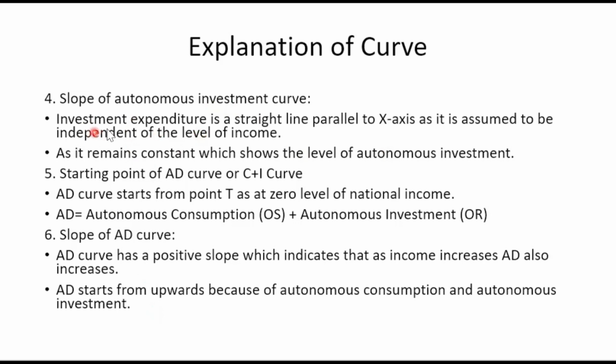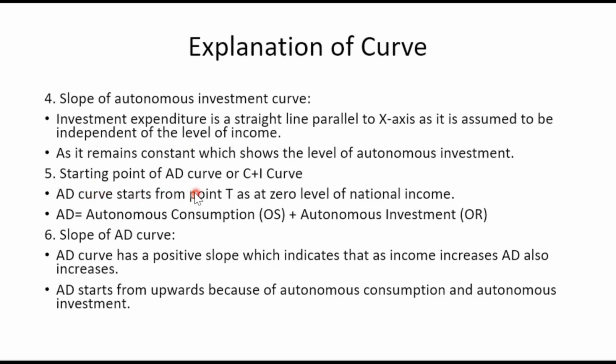The investment curve or investment expenditure is a straight line parallel to the x-axis, and it is assumed to be independent of the level of income. What does independent of the level of income mean? It means investment is not affected by income or change in income. It remains constant. That's why it is also known as autonomous investment.